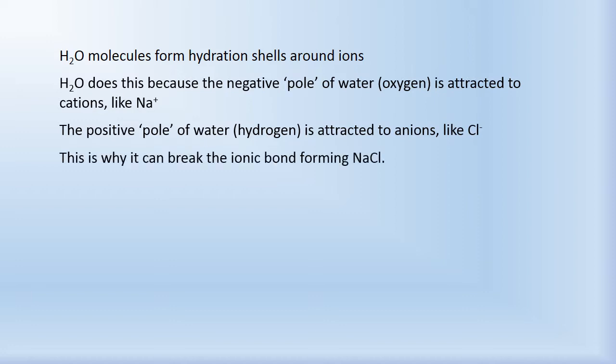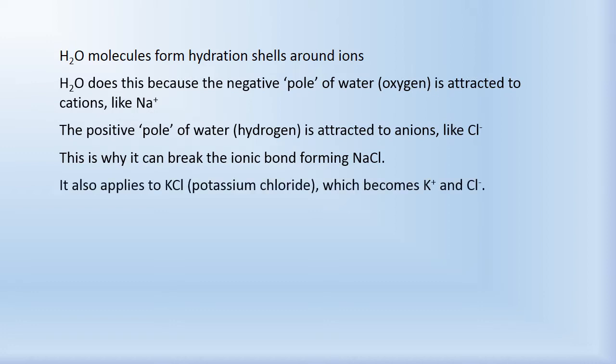This is why water can break that ionic bond that forms NaCl. It also applies to potassium chloride, KCl, which becomes K plus and Cl minus in solution in water.